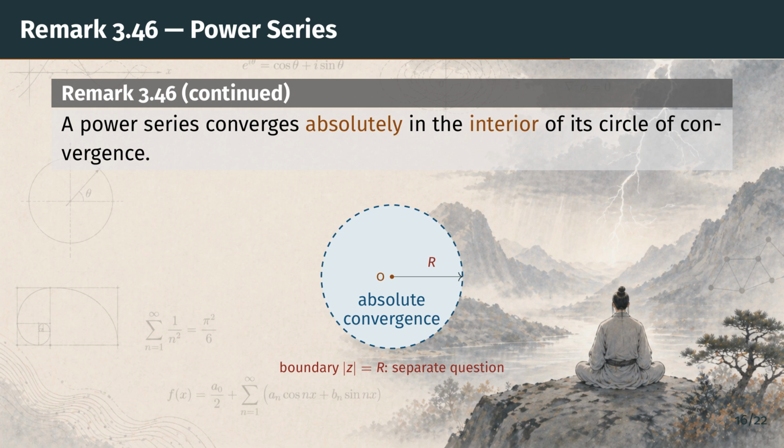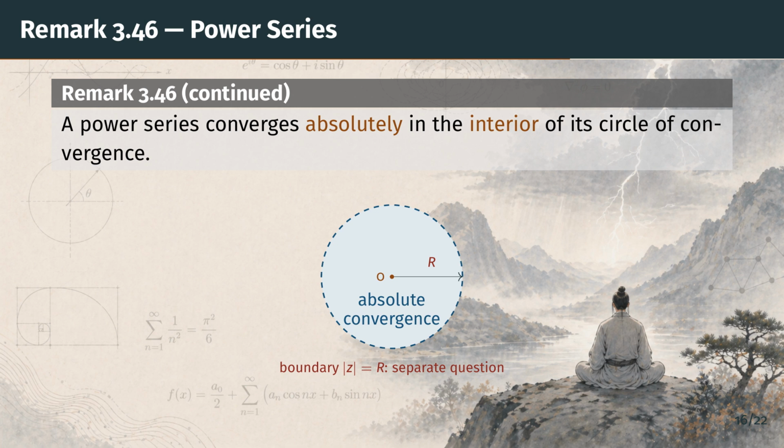The diagram shows the disk of radius capital R, shaded as the region of absolute convergence, with the center at 0. This follows from the root test applied to the terms. The boundary, where the size of z equals capital R, is a separate and often delicate question, exactly the kind that summation by parts addresses.